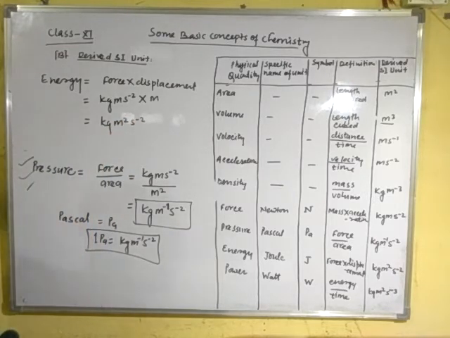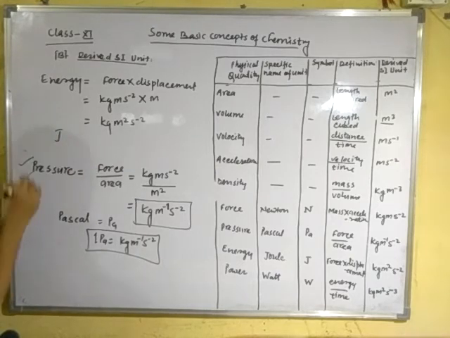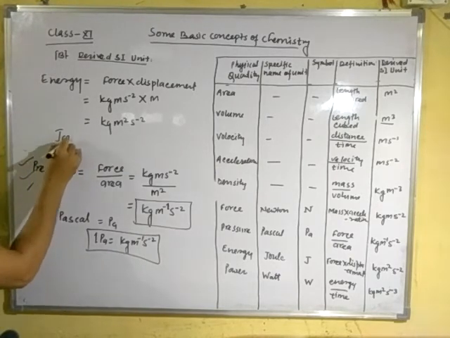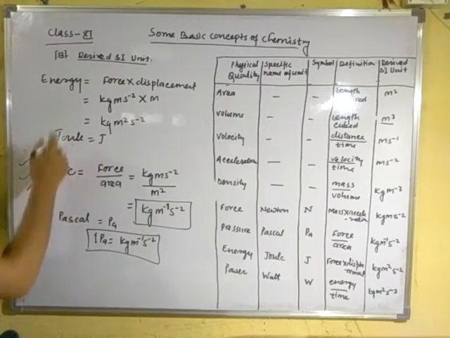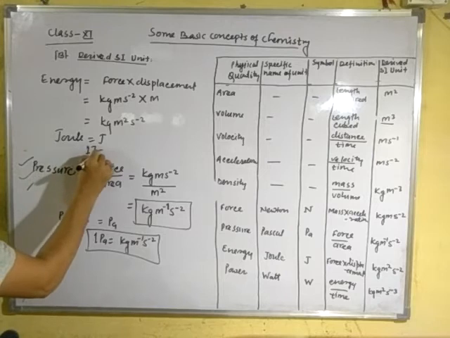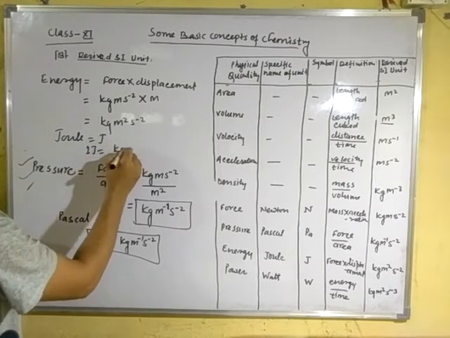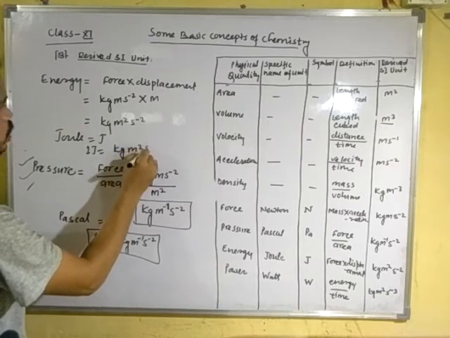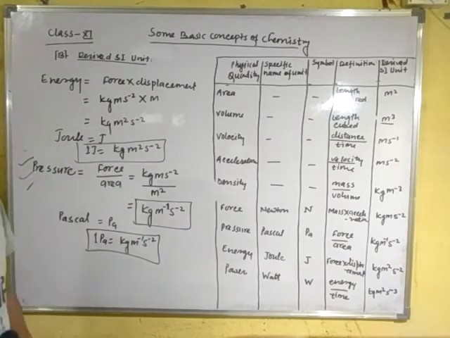Energy is referred to as joule, and it is represented as capital J, and 1 joule is equal to the derived SI unit kilogram meter square second minus 2. Like this.